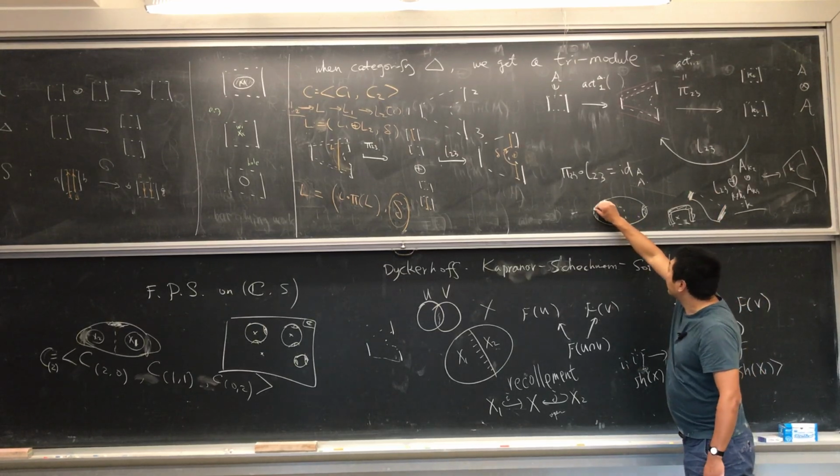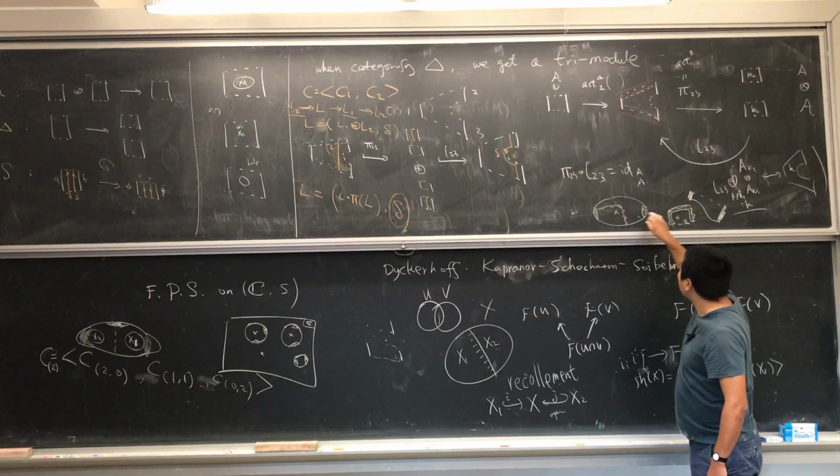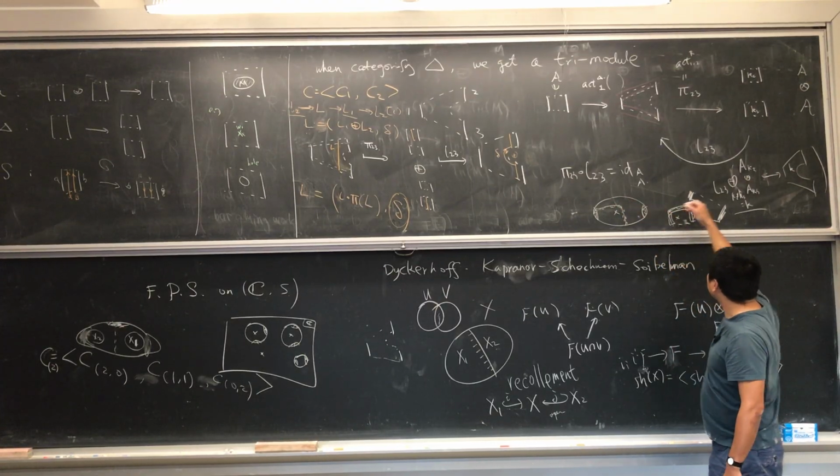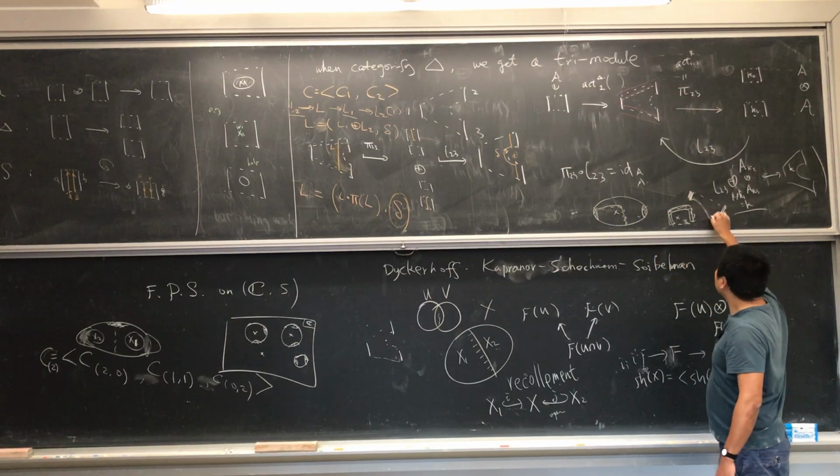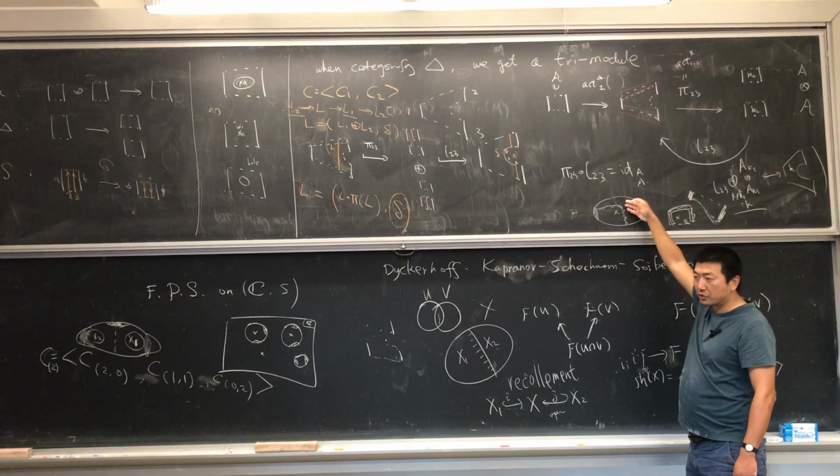So when they cut, they put the stop on this and this other boundary. The complement boundary has no stop.